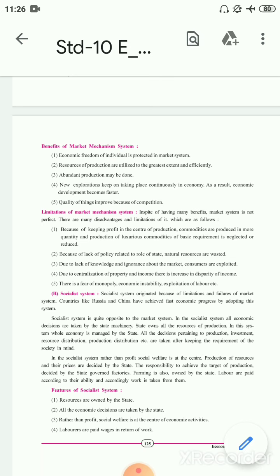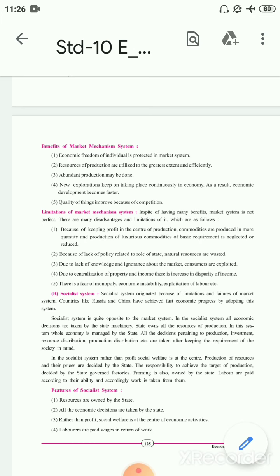In market system, we saw that the producer is free to produce whatever he likes, but in socialist system, the needs of the society are kept in mind, and then production is taking place. So in the socialist system, rather than profit, social welfare is at the center. Please underline.